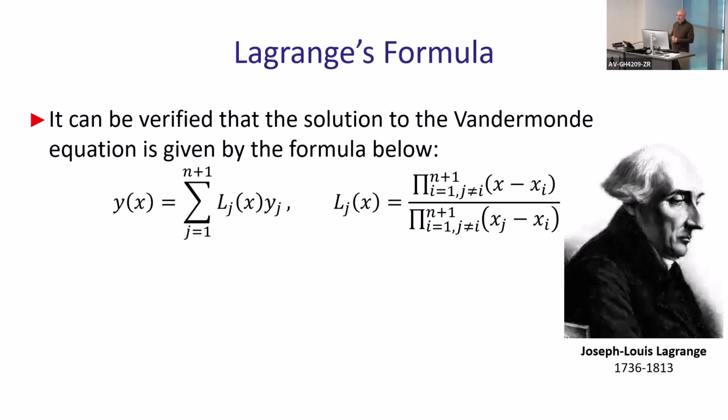We have Lagrange polynomials, and Lagrange is a very famous French mathematician who you probably heard a lot about in calculus maybe. Lagrange theorems, like averages, integrals, and he is known for multiple other things in analytical mechanics. He developed analytical mechanics, Lagrangian, and Lagrange multipliers, and many other things in optimization.